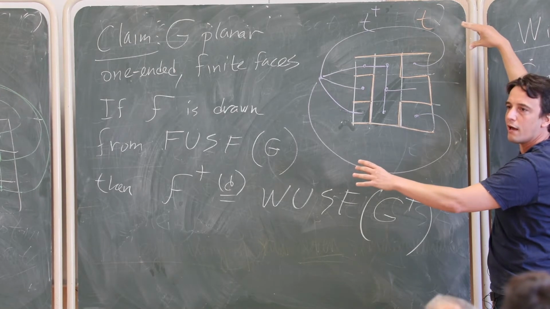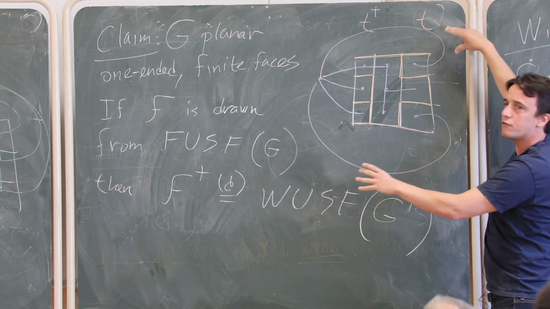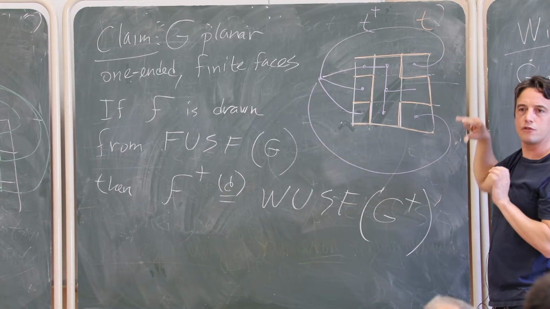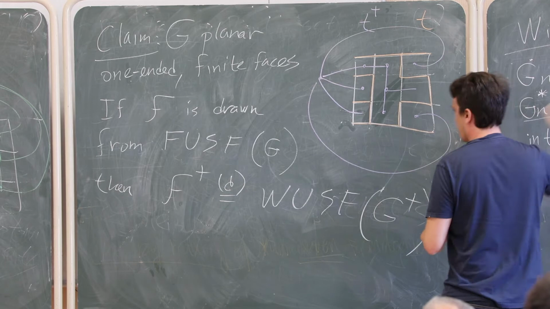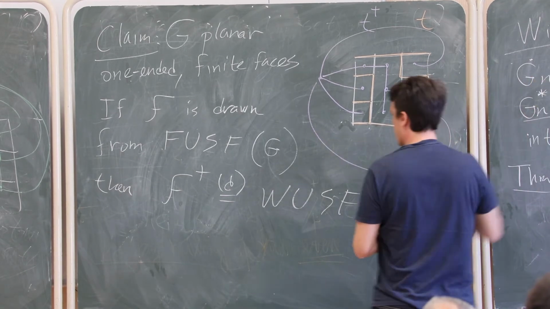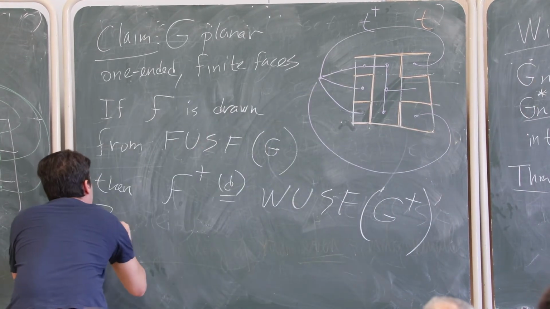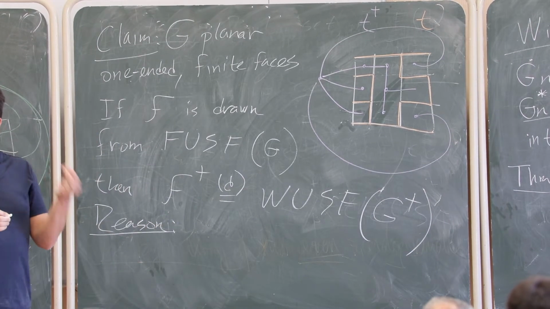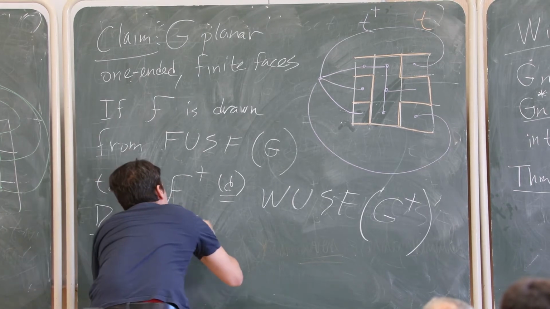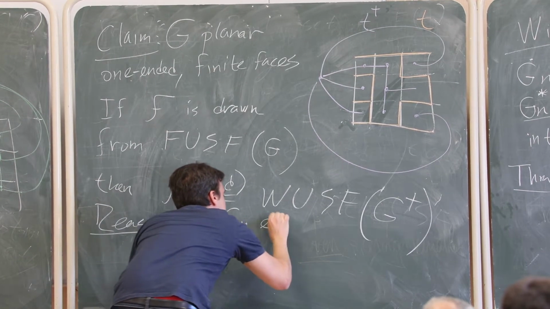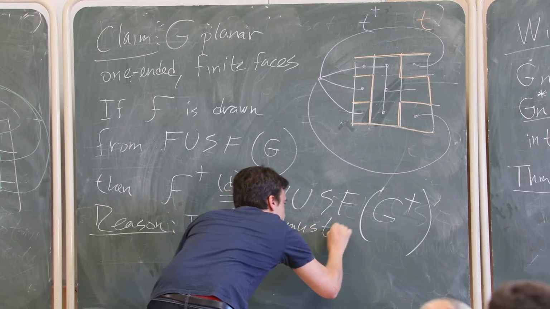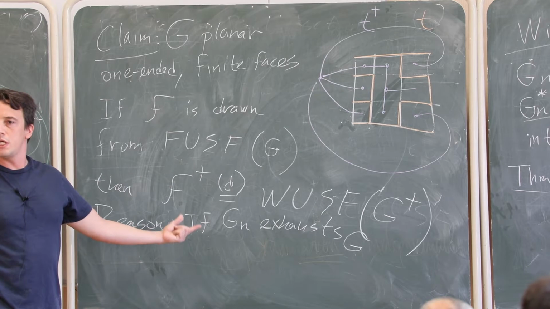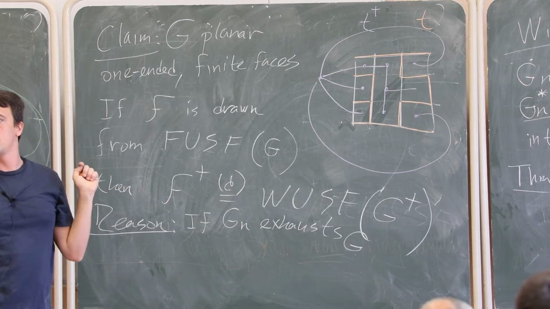When I look at the dual graph, I have Gn in my original graph, and Gn is an exhausting set of G. So let's even write the reason here. I'll write it because it's exactly precise. If Gn exhausts G, then what will be Gn cross?